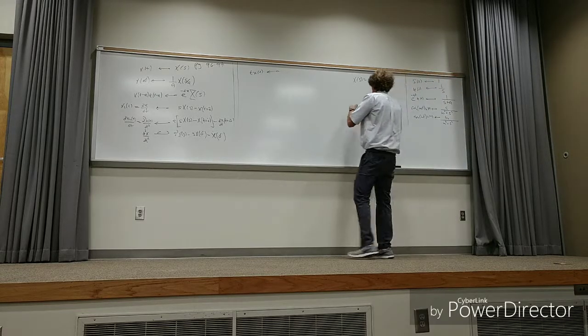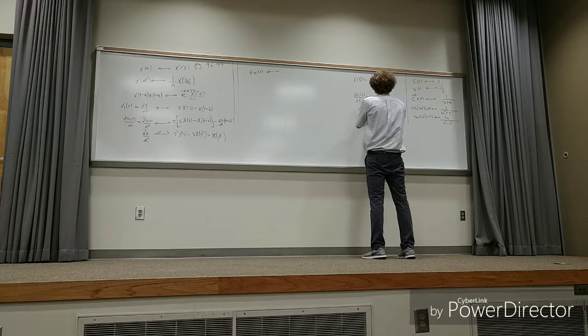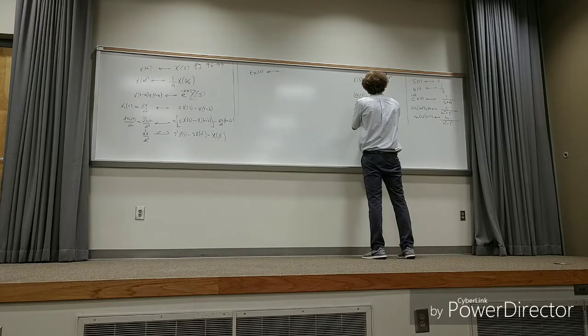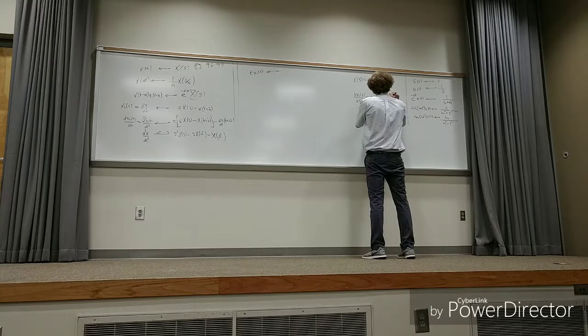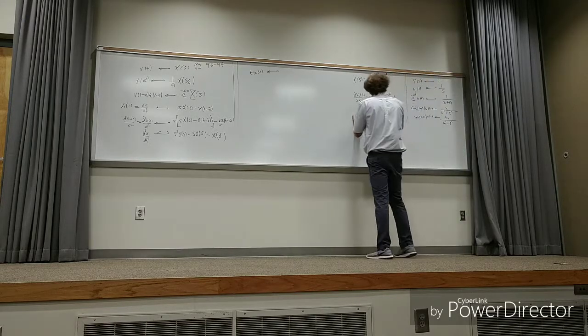So I'm going to take the derivative of x of s with respect to s, and that would bring it down as an integral of minus t times x of t e to the minus st dt from 0 to infinity. You see, I simply brought down minus t.